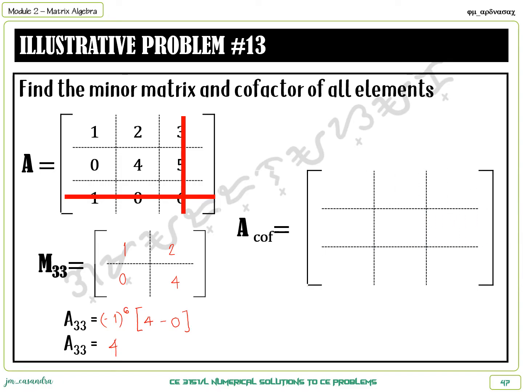So if we want now to write an equivalent cofactor matrix of all our cofactors, we'll just simply substitute the values of our computed cofactors of the elements in each respective location. So for A11, we have 24, A12 is 5, -4, and so on. Okay?